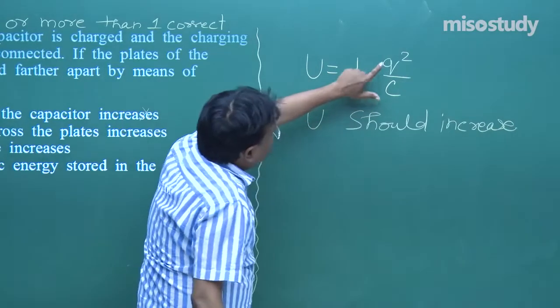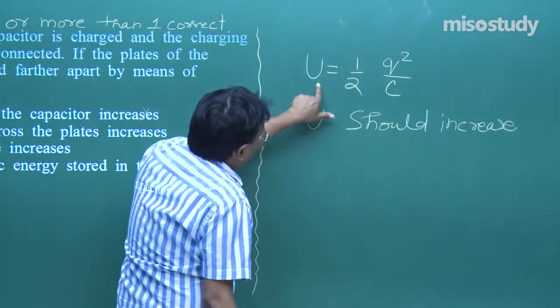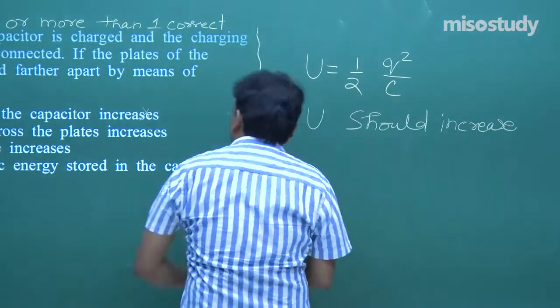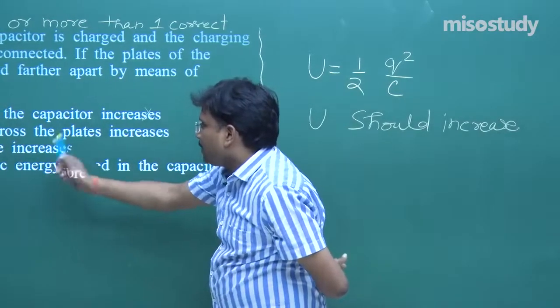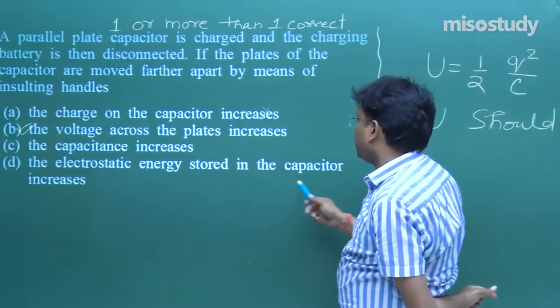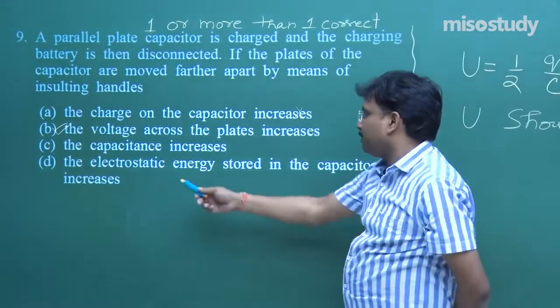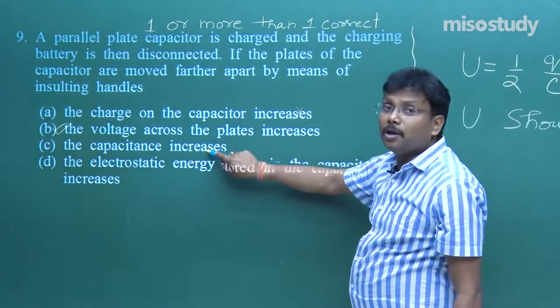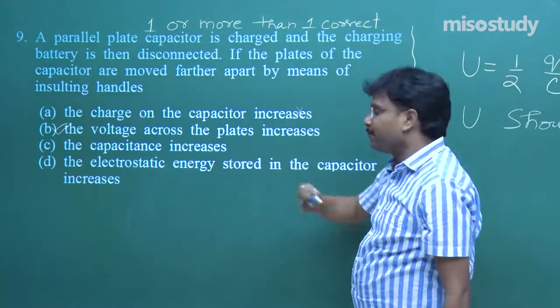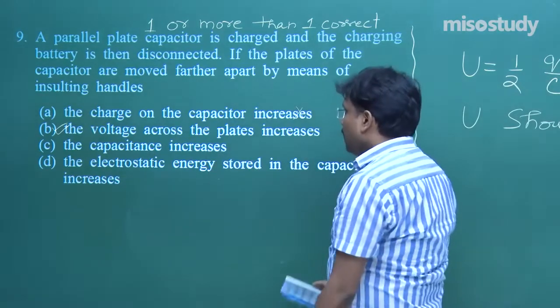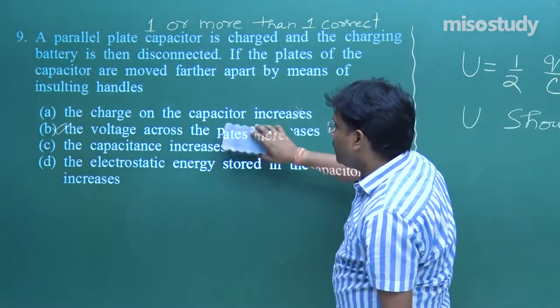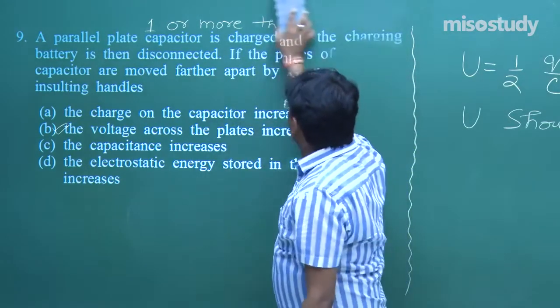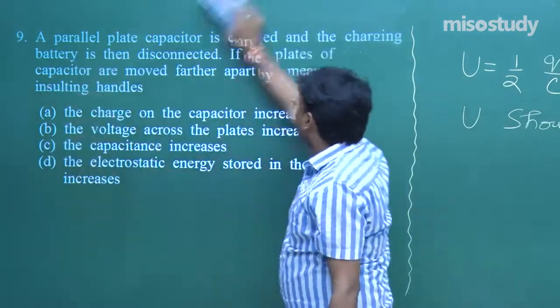Because Q is constant, C is decreasing, therefore U will increase. Fine, it will increase. So capacitance increases is incorrect, and electrostatic energy stored in the capacitor increases is correct. So now you can say options B and D are correct options for this particular question.